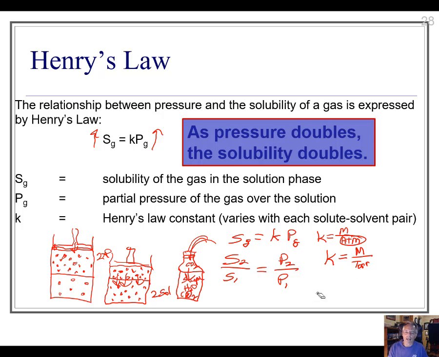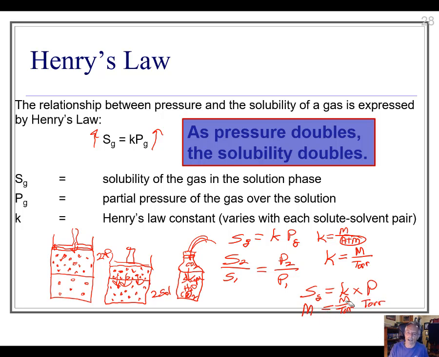And so you could set your problem up. This is the solubility of the gas is equal to K, Henry's law constant, times the pressure. And let's just say that's in torr. And this is in molarity per torr. And then over here you have molarity. And so now there are your units, and let's just say you're solving for molarity.